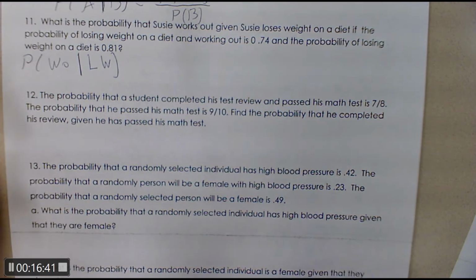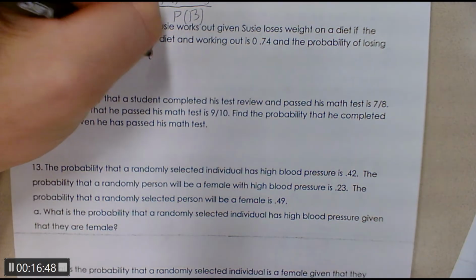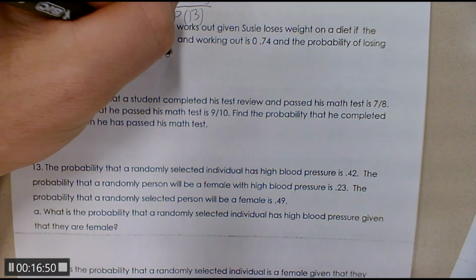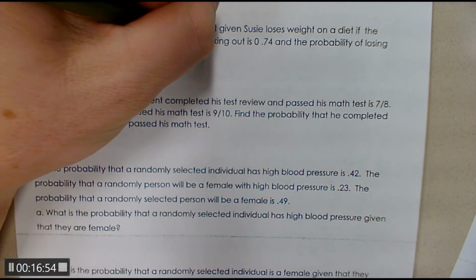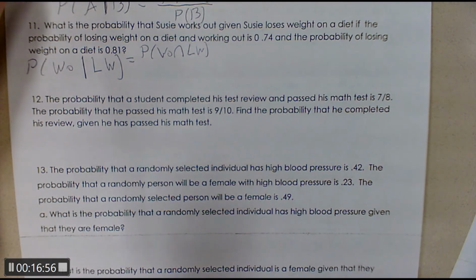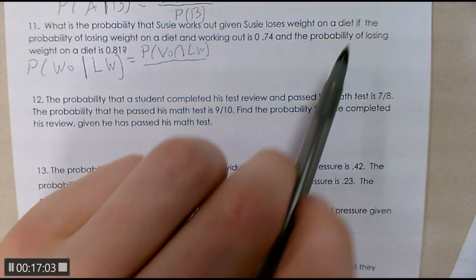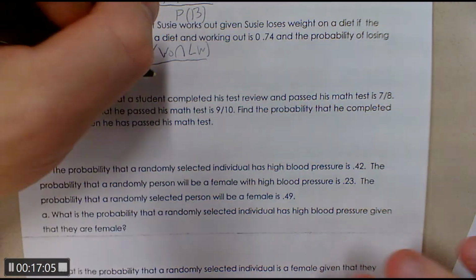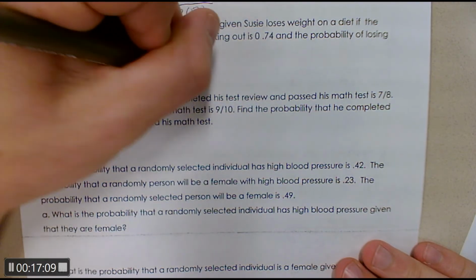Before we do anything, we know that's going to be equal to the probability of working out intersect losing weight, so working out and losing weight, divided by the probability of losing weight on a diet.